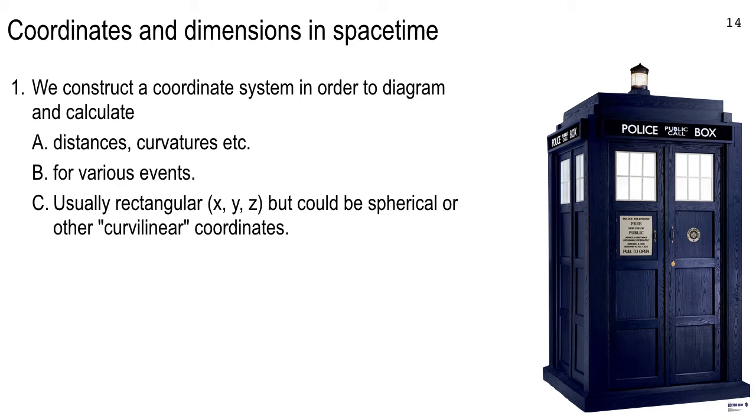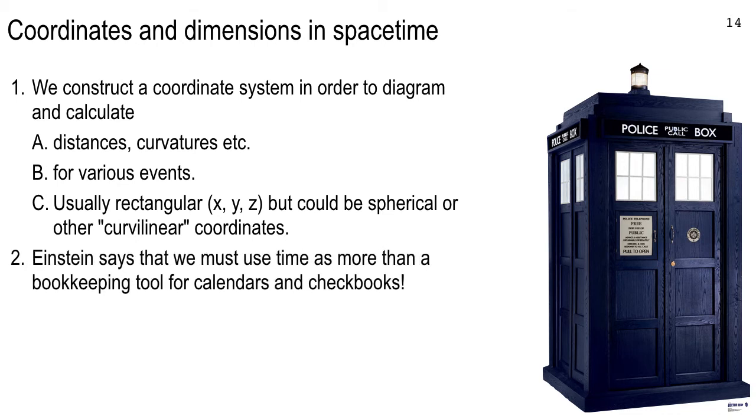But it's possible to have what we call curvilinear coordinates, like spherical coordinates. Latitude and longitude are curvilinear, because the surface of the Earth is a curved spherical surface. But most of the time we're going to be in X, Y, and Z rectangular coordinates, rectilinear coordinates.